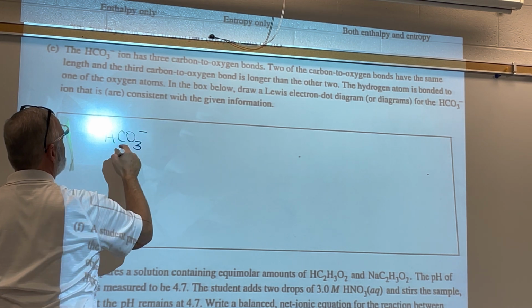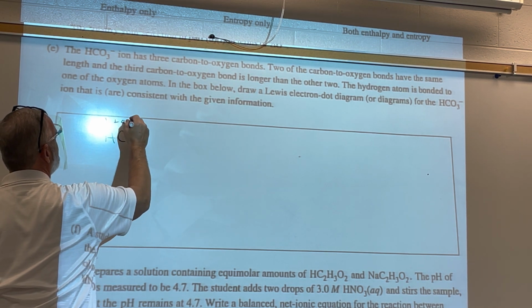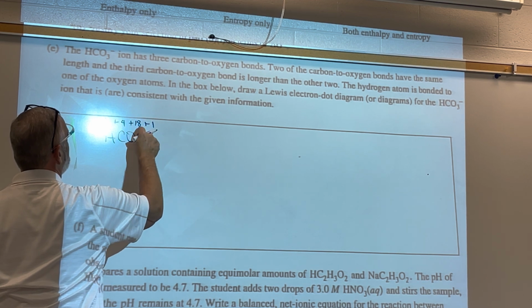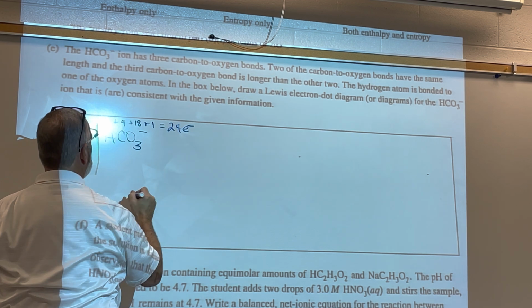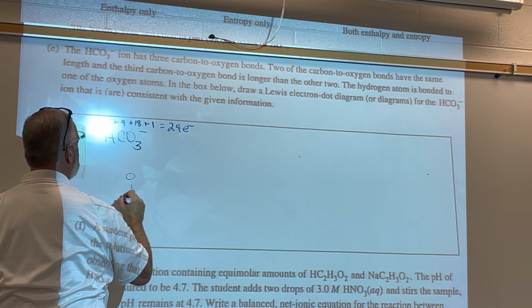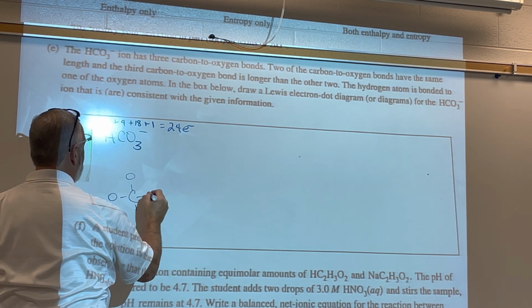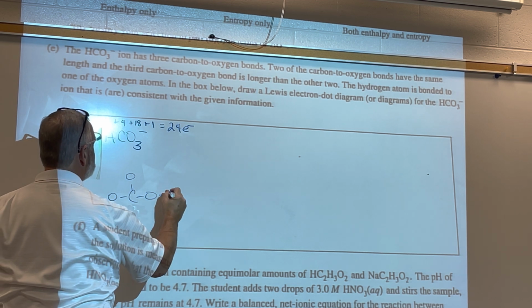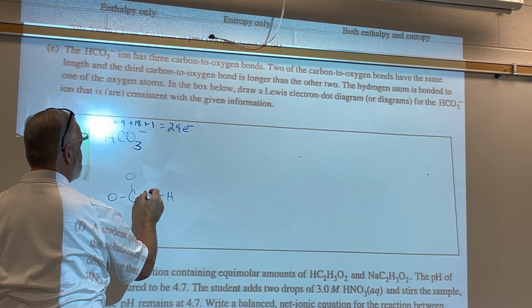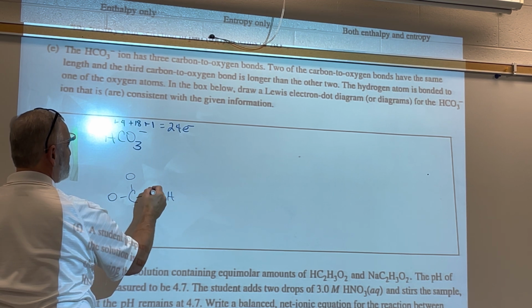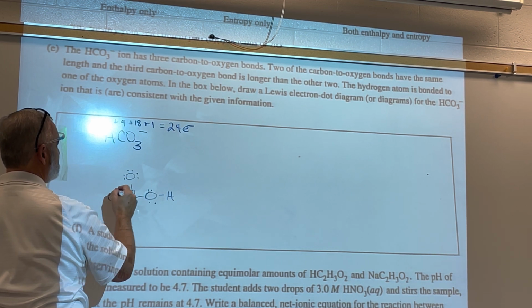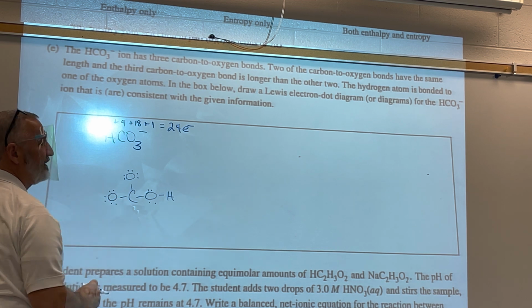HCO3 minus, I have 1 plus 4 plus 18 plus 1, 22, 23, 24 electrons. They tell me I have carbon, oxygen, oxygen, oxygen. The hydrogen's attached to one of the oxygens. Okay? 2, 4, 6, 8, 10, 12, 14, 16, 18, 20, 22, 24.